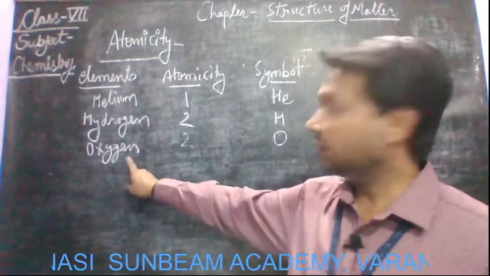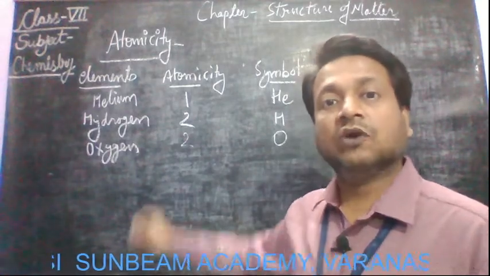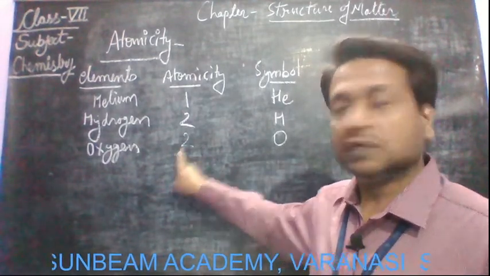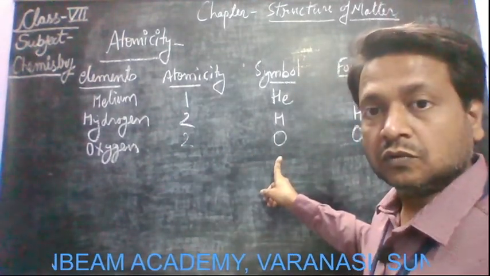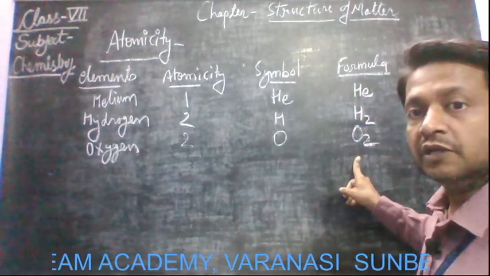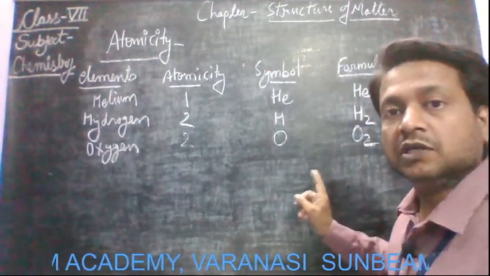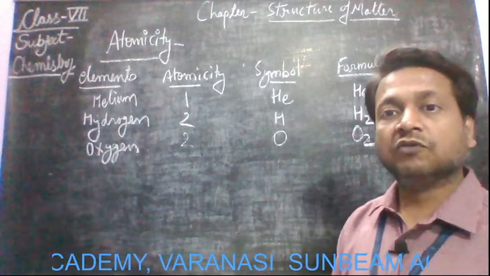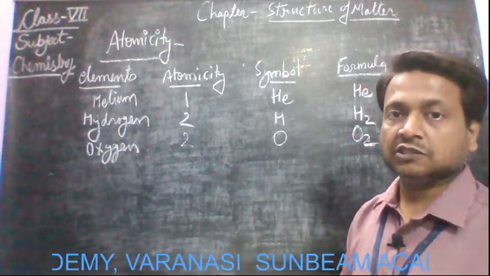The next example is oxygen. Its atomicity is also 2. The symbol is O, and the formula will be O2 because one molecule of oxygen is made up of two atoms of oxygen.